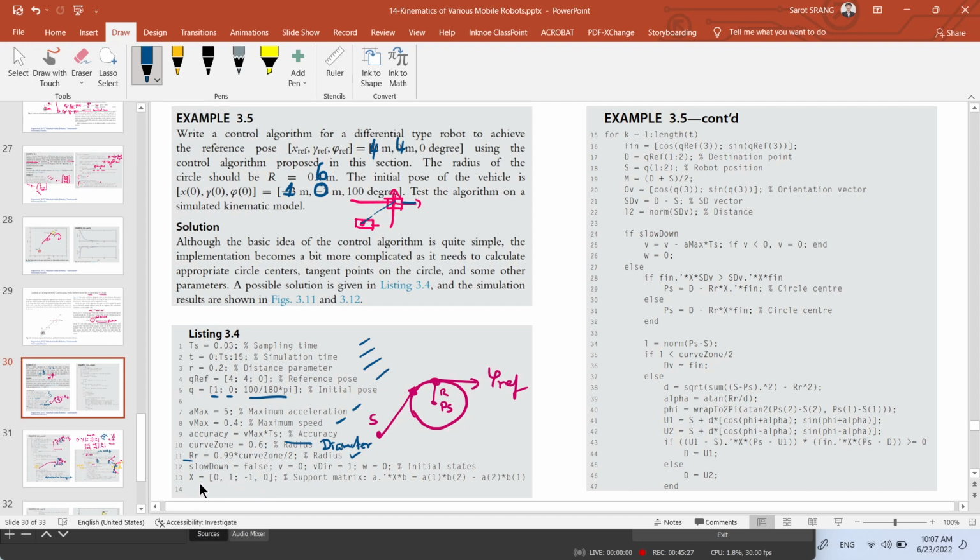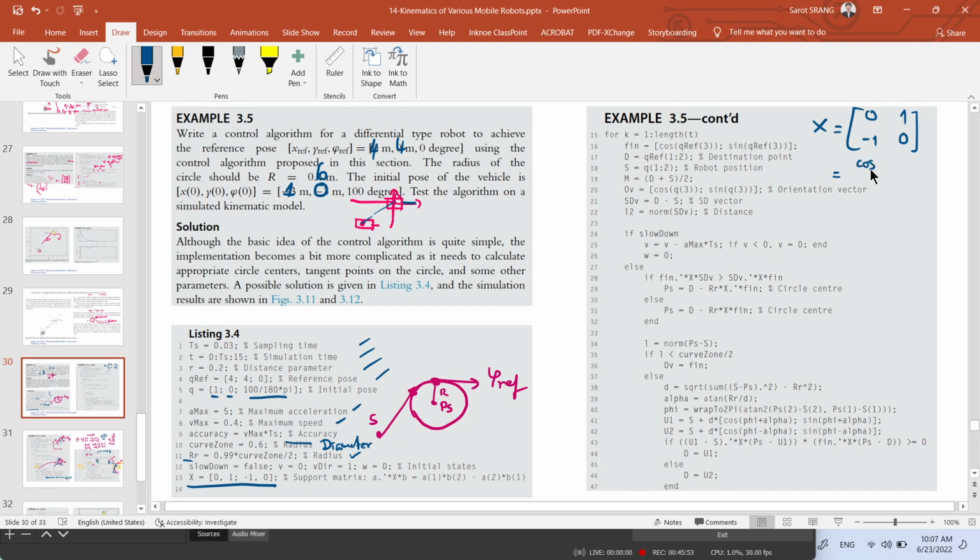And here the matrix H is for rotation by 90 degree. So H equals 0, minus 1, 1, 0. So this is rotation by minus 90 degree. Why?